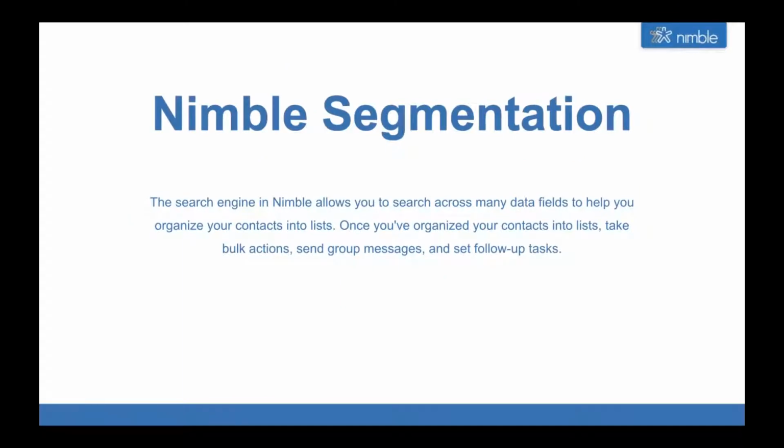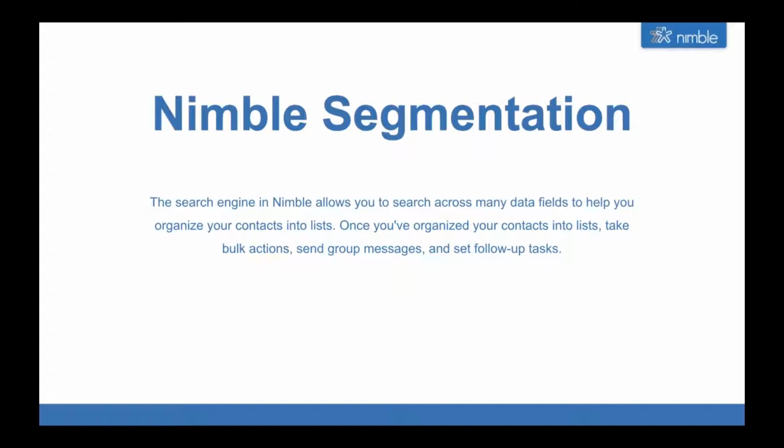So what is Nimble segmentation? It's basically a search that allows you to segment your database. So when you first start with Nimble, you import your contacts from all these different places. You import contacts from your Outlook or Google contacts, from maybe different applications you use for your business. It can also be various different CSV files.